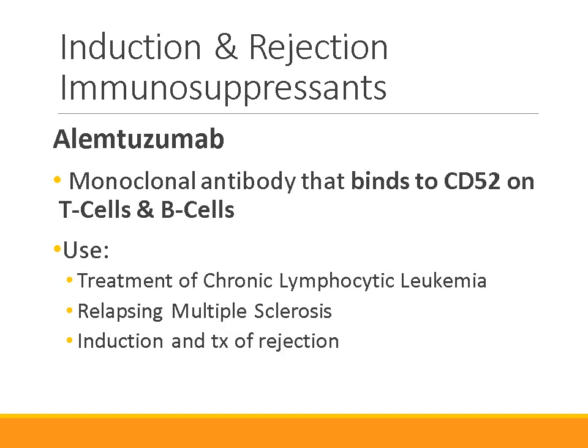Alemtuzumab is again MAB, so a monoclonal antibody. This is a monoclonal antibody that binds to CD52 on both T cells and B cells. So this actually affects both cell lines. It rapidly depletes both lymphoid cell lines.